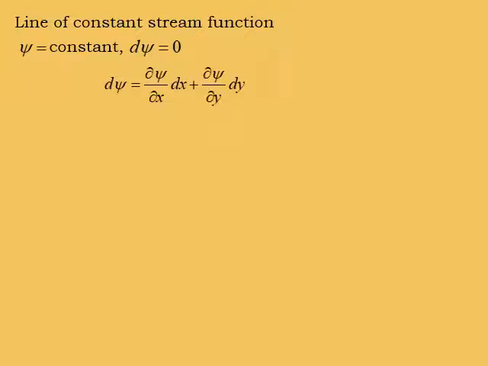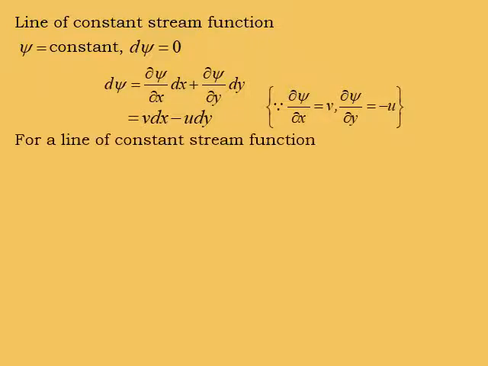So now dψ is equal to ∂ψ/∂x into dx plus ∂ψ/∂y into dy. That is equal to v into dx minus u into dy, because we already know that ∂ψ/∂x is equal to v and ∂ψ/∂y is equal to minus u.